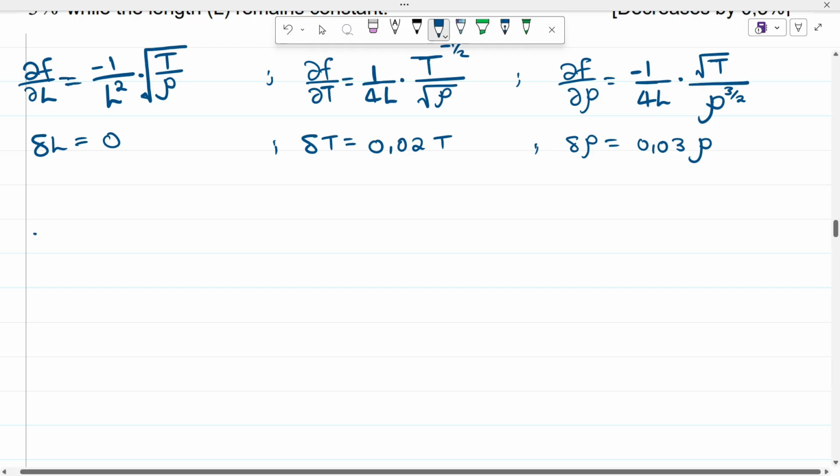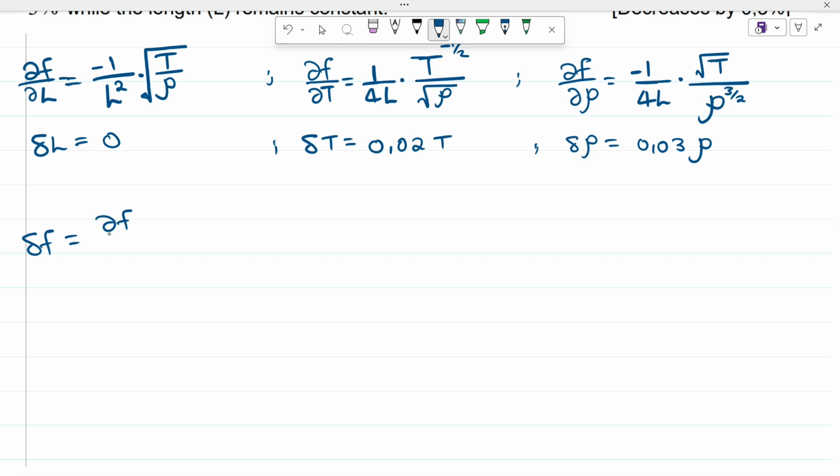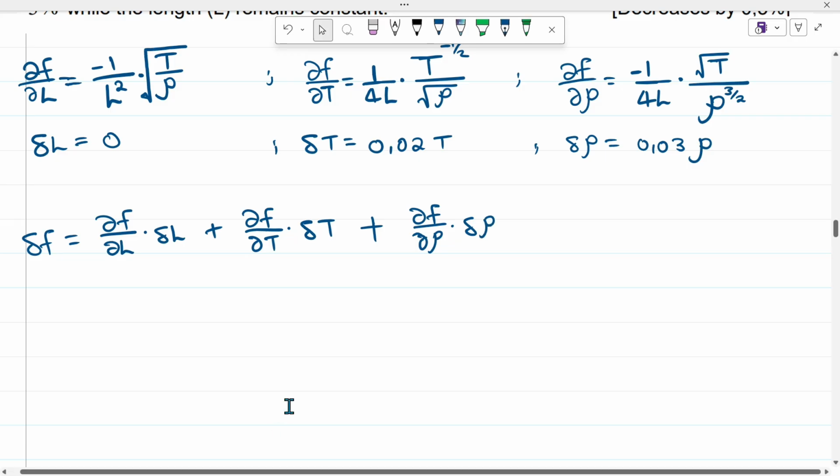The percentage change formula is going to be equivalent to the partial derivative of f with respect to L multiplied by change in L, plus the partial derivative of f with respect to t multiplied by change in t, plus the partial derivative of f with respect to density multiplied by change in density, or percentage change in density. So this is how our formula is going to look.